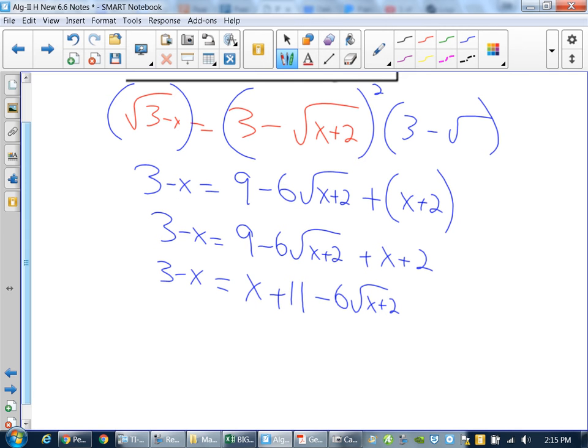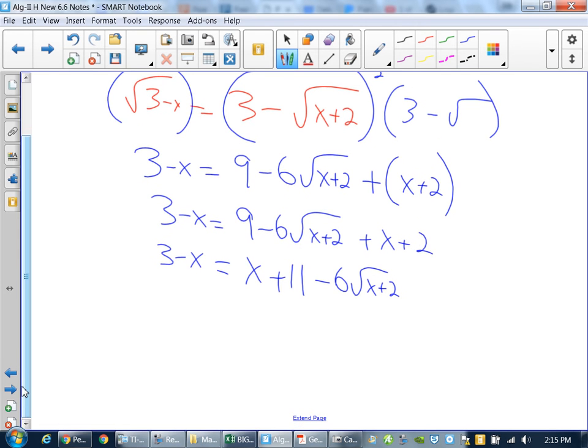Move the -6 root junk to the left. Move the 3 minus x to the right. By doing that, you'll get positive coefficients. Okay? It'll be a little bit cleaner in the end.